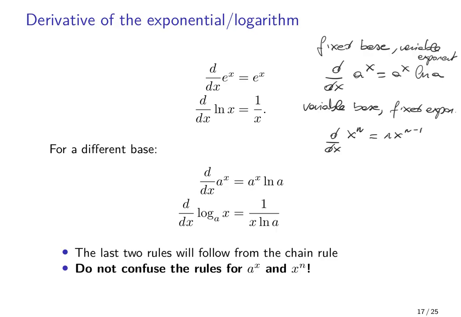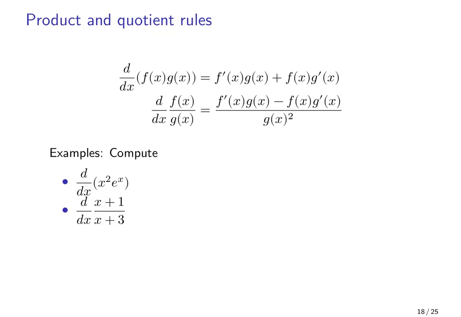About derivatives of powers, we said you have to be careful. If you have a fixed base but a variable exponent, then the rule is the first one here. But if you have a variable base and a fixed exponent, then you get another rule altogether. Now, 2 more rules, very convenient rules.